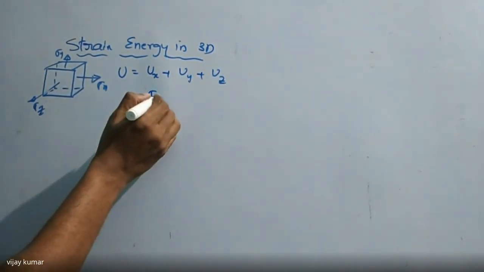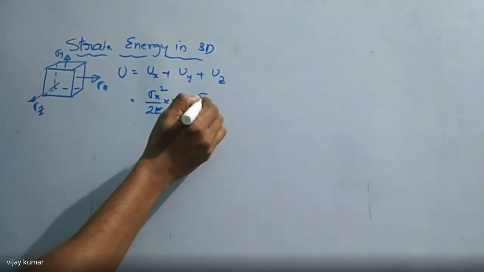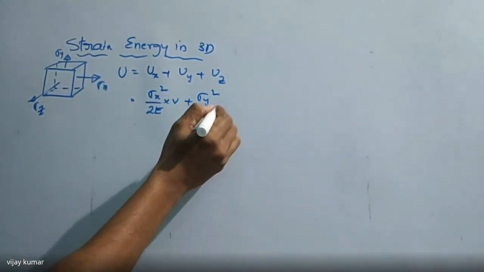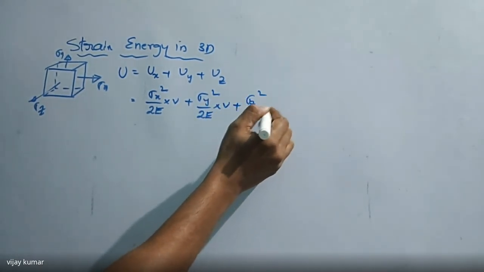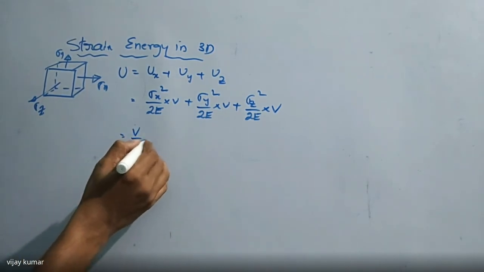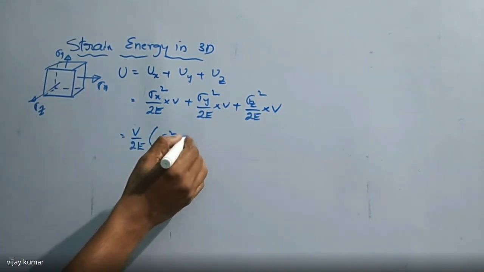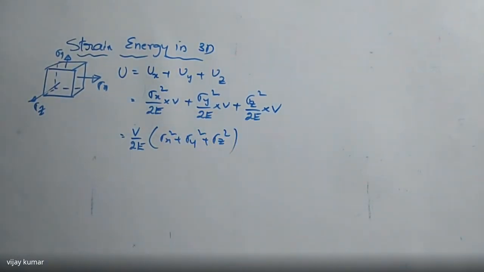This is nothing but sigma x squared by 2E into V plus sigma y squared by 2E into V plus sigma z squared by 2E into V. So in all terms, V by 2E is common. Then we can write sigma x square plus sigma y square plus sigma z square. Okay, right.